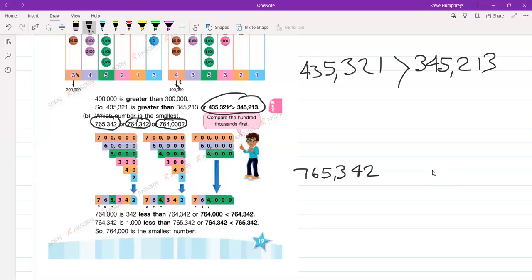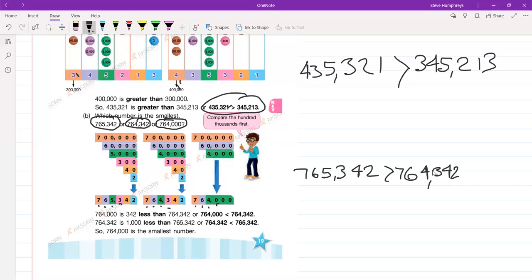765,342 is greater than 764,342. And looking at the hundreds, that's a 3, that's a 3, and that's a 0.